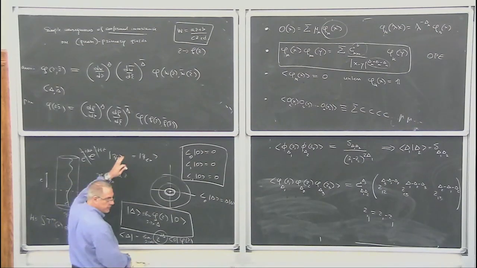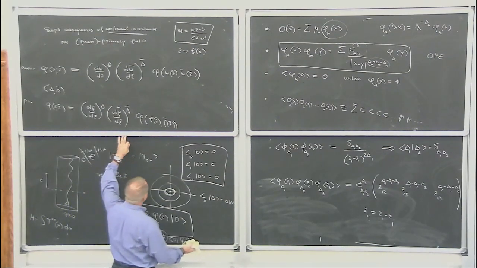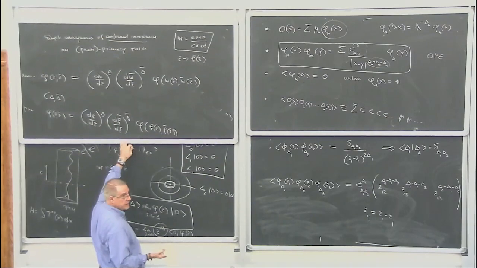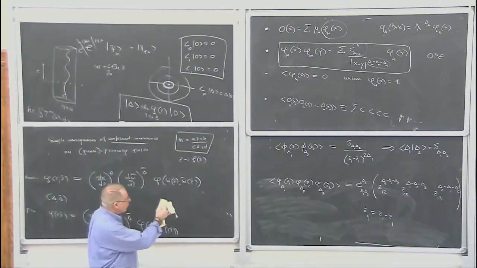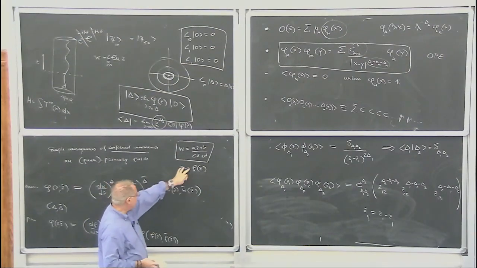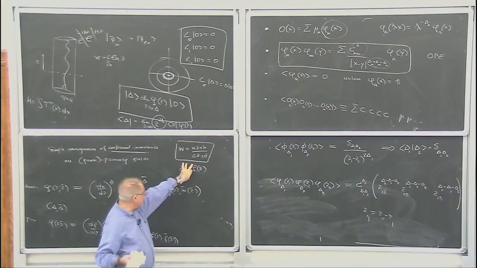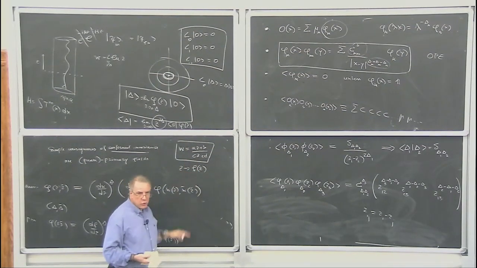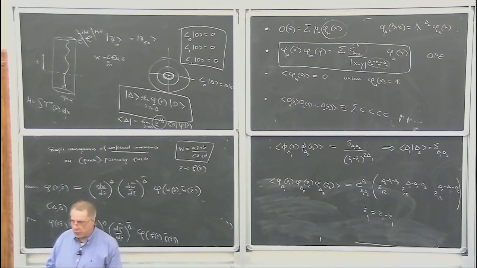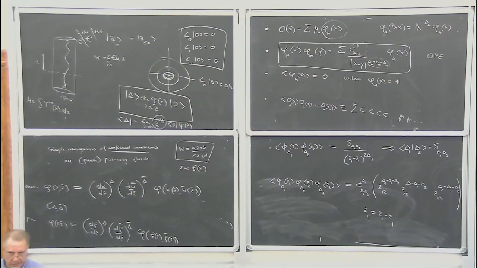Okay, clear? Equipped with this, now we have to face the real problem. I've exploited at the maximum level what I can get using just this. Now the problem is what to do with these other transformations that we know are not symmetries.